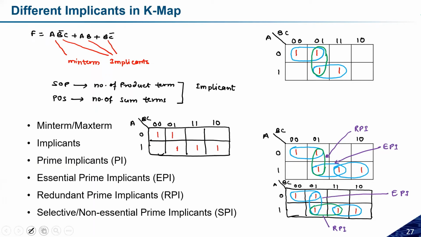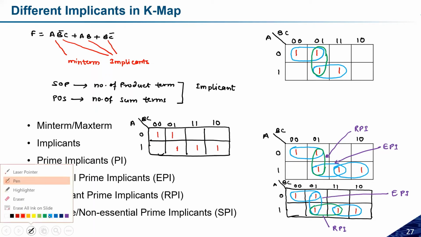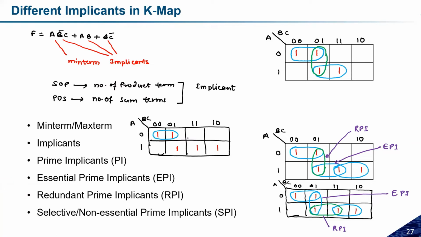So this is the pair. These two pairs are mandatory, but for the rest I can add one pair either in this direction or in this one. Both are possible, so these are not essential.